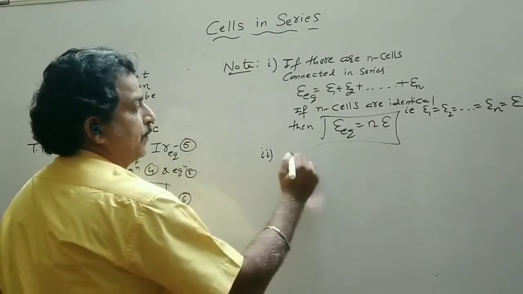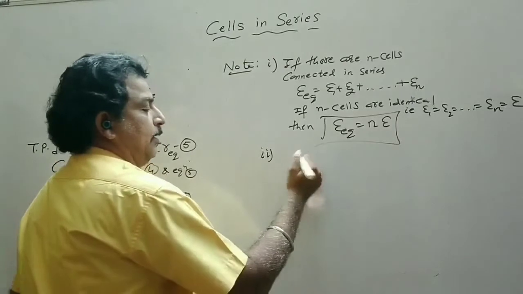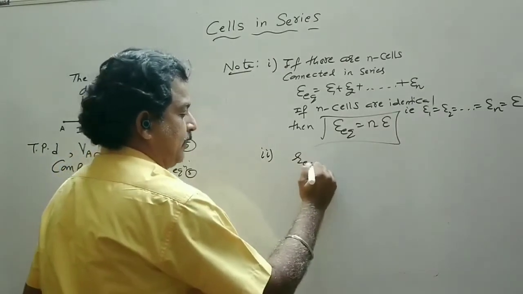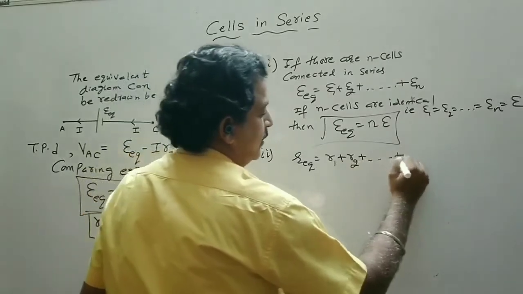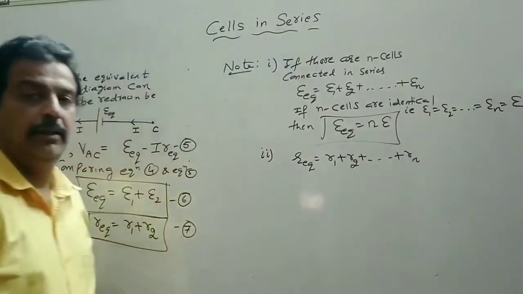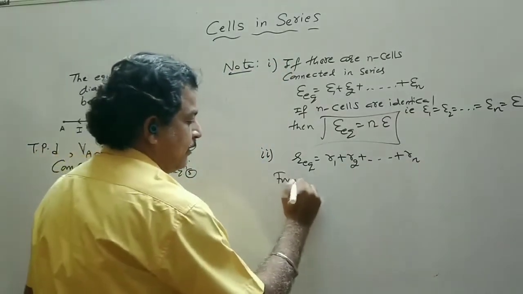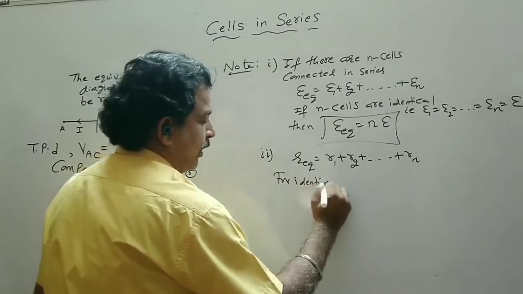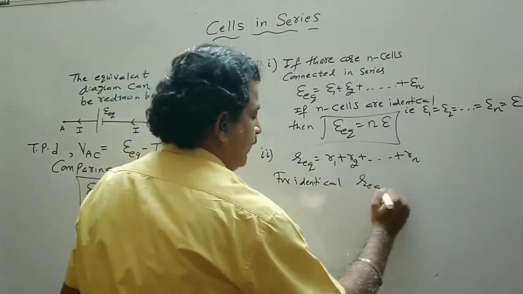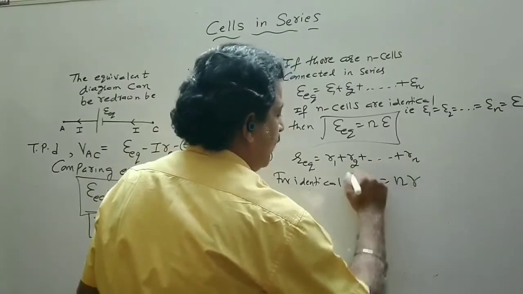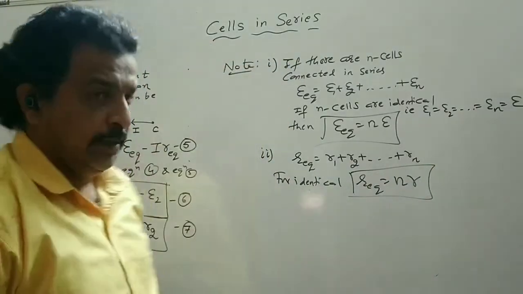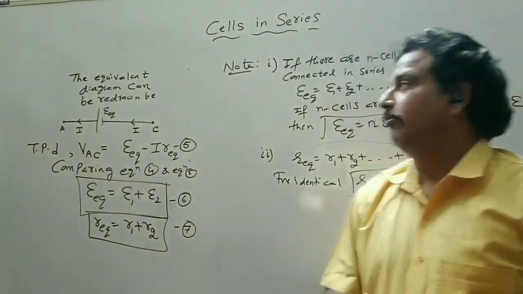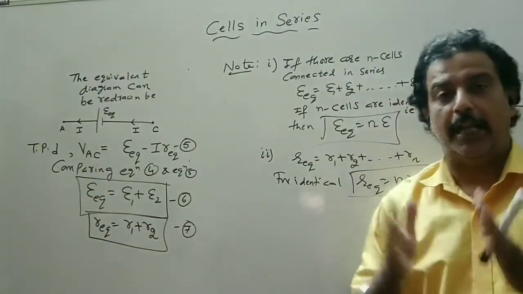Second, about the equivalent internal resistance. So R equivalent will be R1 plus R2 plus dash dash dash plus Rn. For identical cells, R equivalent is equal to n times R. Now this was the situation when the cells are connected in helping condition.